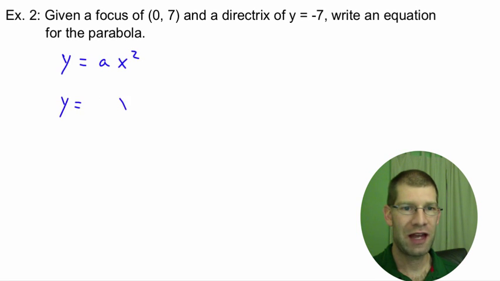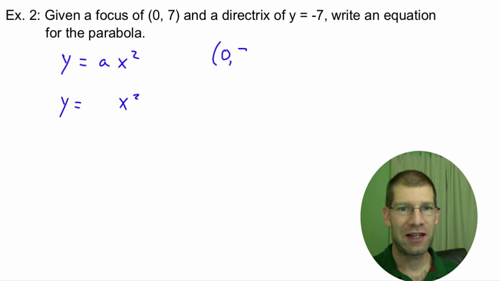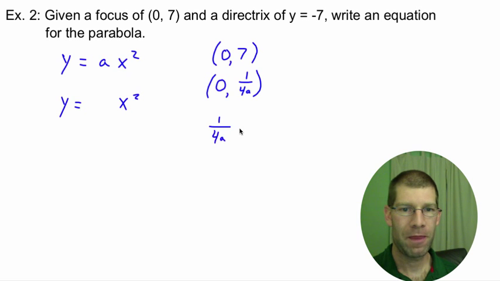So in order to do that, now you really have two options. You could use this focus, or you could use the directrix. I don't like working with negatives, so I often would use the focus, and the focus is 1 over 4a for my y value. So you could then say 1 over 4a equals 7.